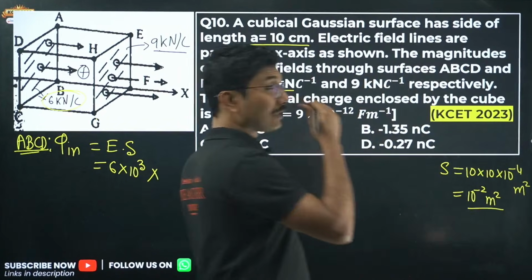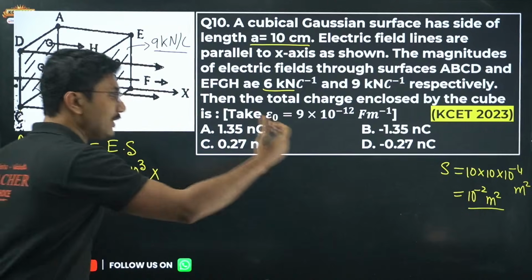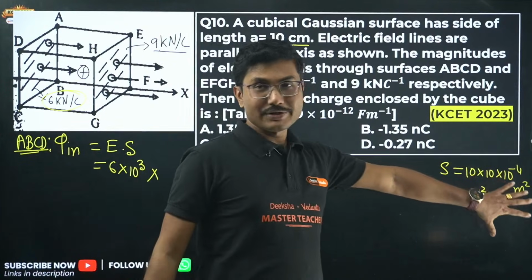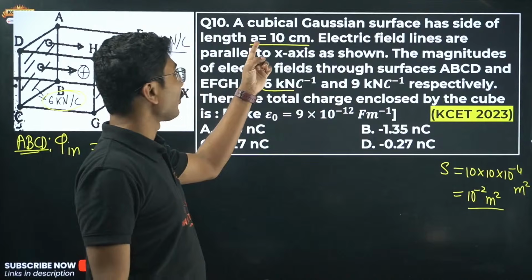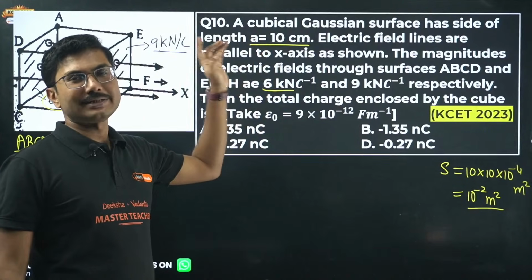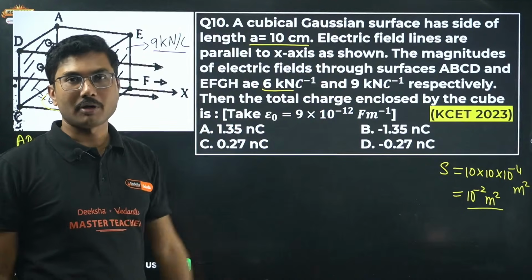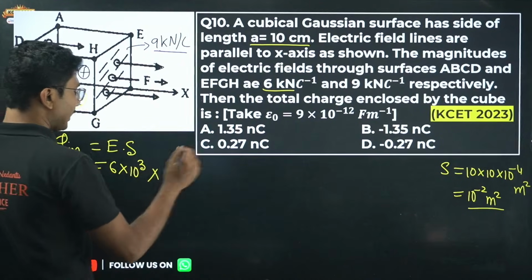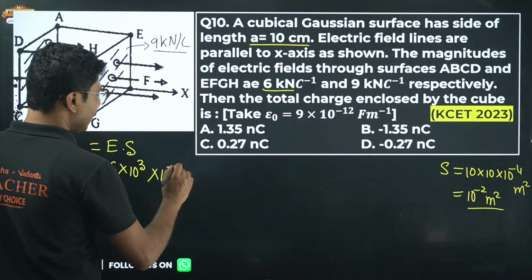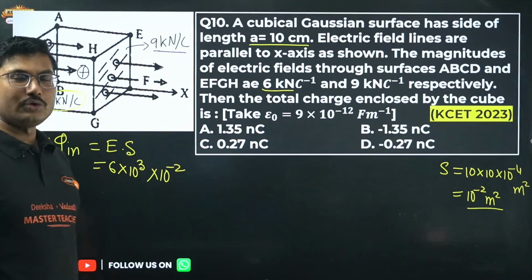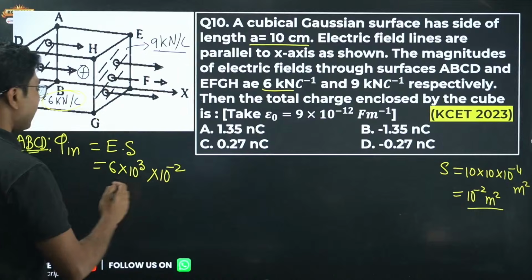If you can calculate quickly, you know 10 centimeter means 10 to the power of minus 1, and 10 to the minus 1 into 10 to the minus 1 is 10 to the power of minus 2 meter square. Always convert the units into SI units. That is one more aspect of solving.